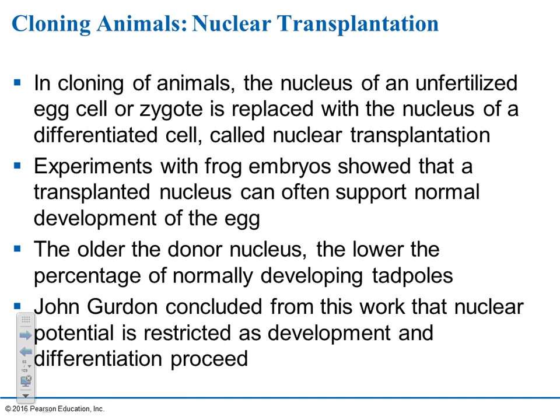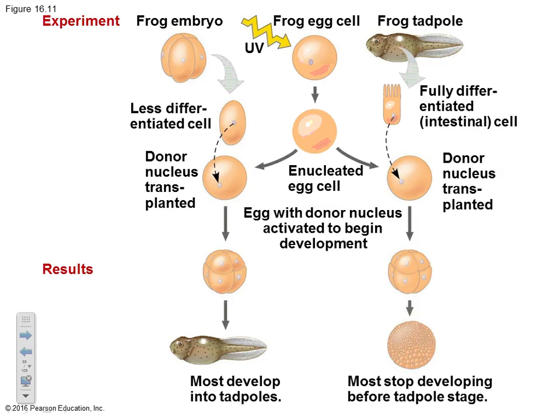A lot of times you have to provide some chemicals to get it to start, certain factors, and it will start developing just like a normal zygote. But what's been found is the age of the nucleus that you're using, the donor nucleus, seems to matter.